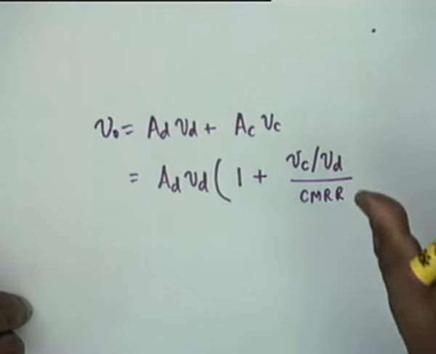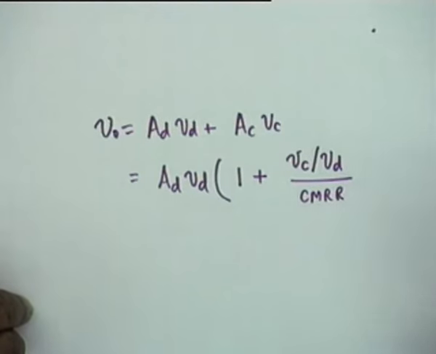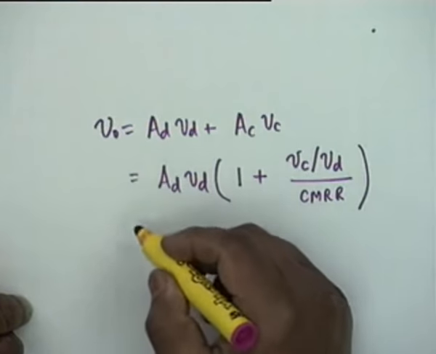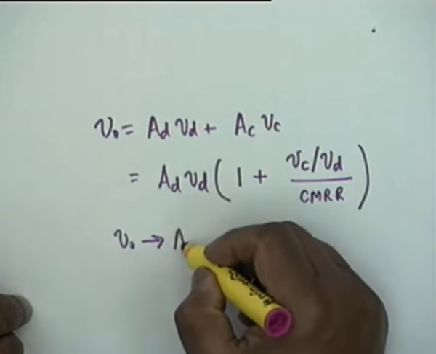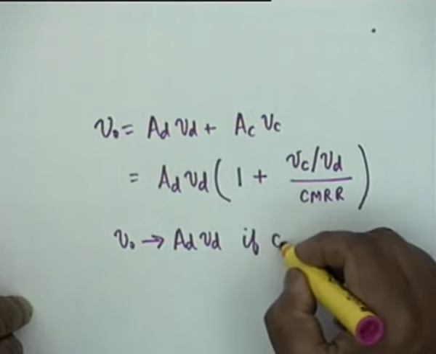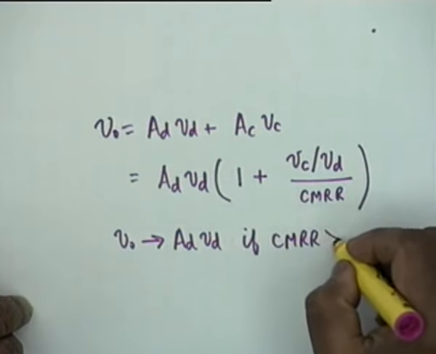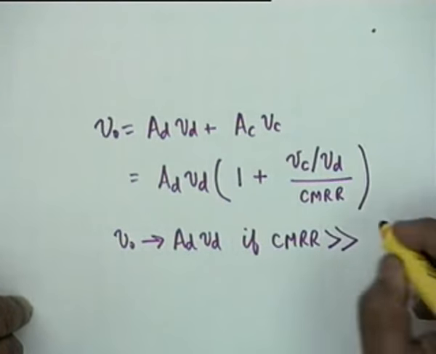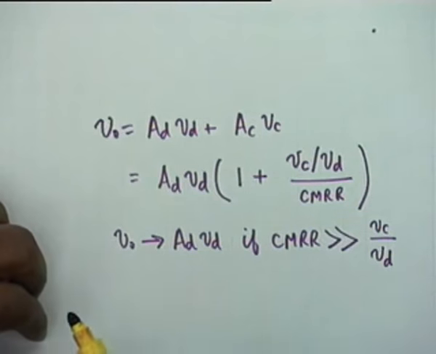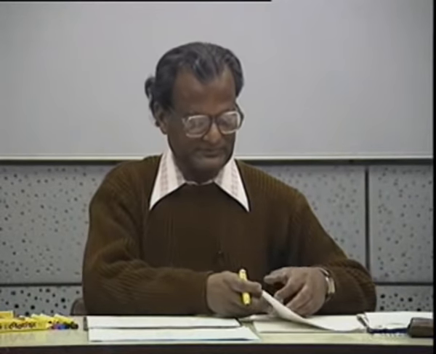CMRR is taken as a magnitude, so we consider this as a positive quantity. And naturally, if V0 is to tend to AD VD, then CMRR must be much greater than the ratio of the common mode signal to the differential mode signal. This is another way of expressing the same relationship.